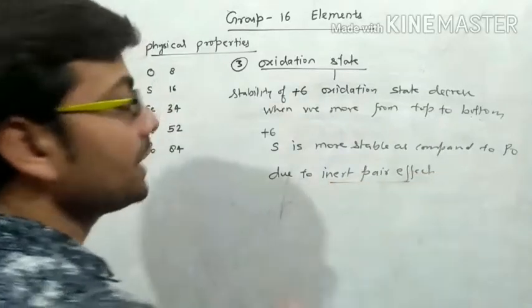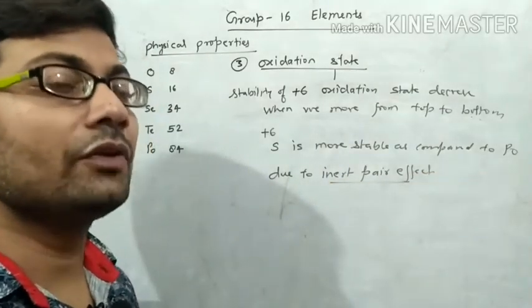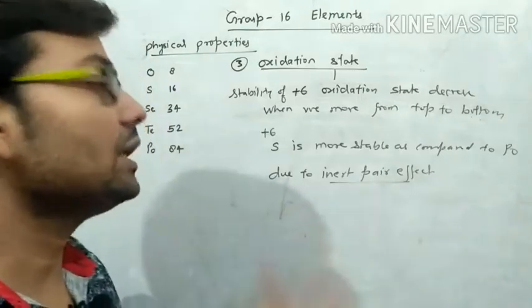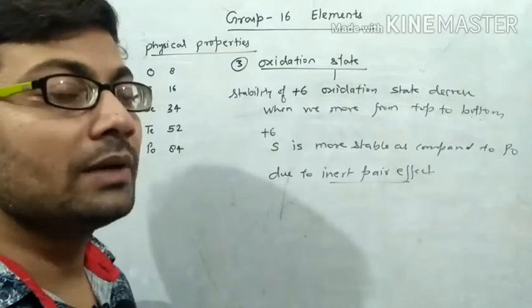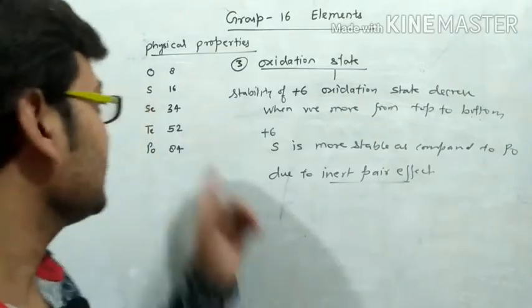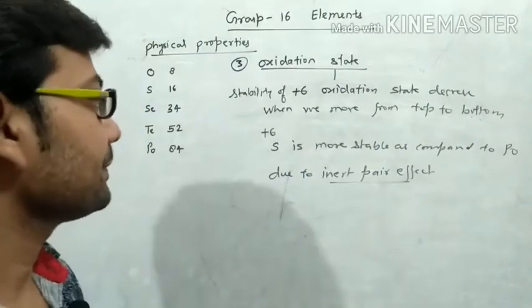What is inert pair effect? That is, the s electron does not participate in the formation of bond. That is the inert pair effect. That's why +6 oxidation state is more stable in sulfur as compared to polonium. Right?